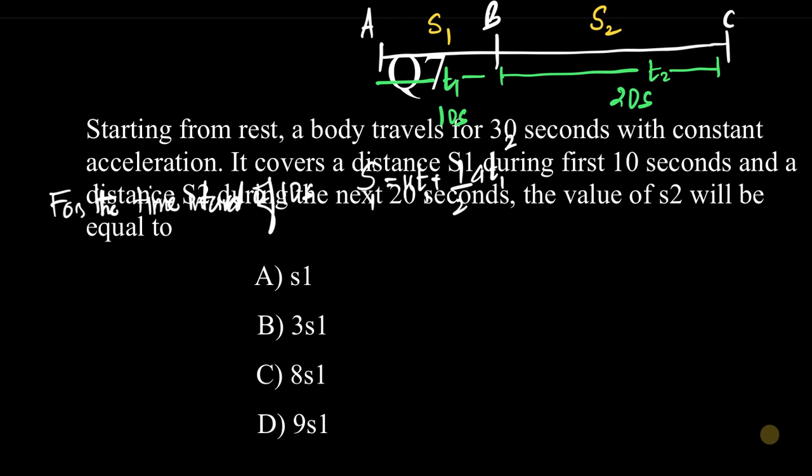But we know that the velocity at A is equal to 0 because the body is beginning from rest. So this term will get eliminated. So s1 is equal to half into a into t1 square, where t1 is 10, 10 square is 100, 100 by 2 is 50. So this is 50a.